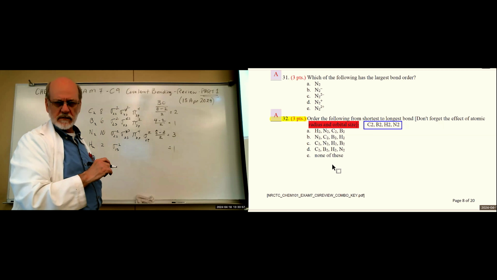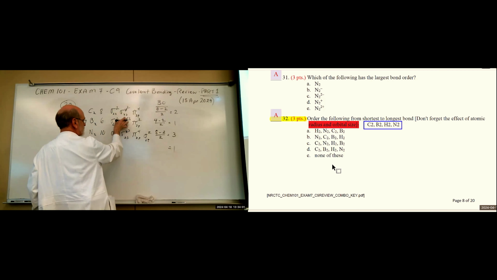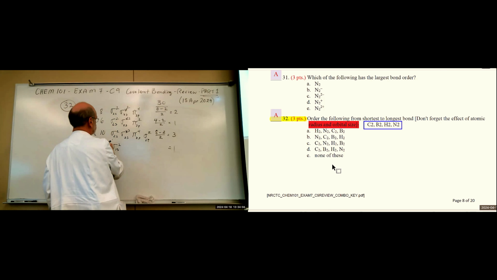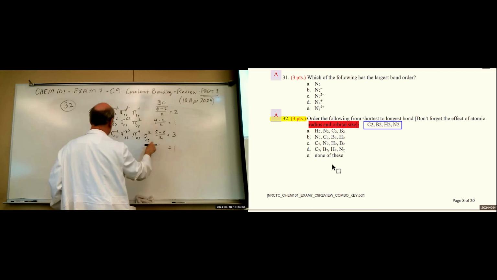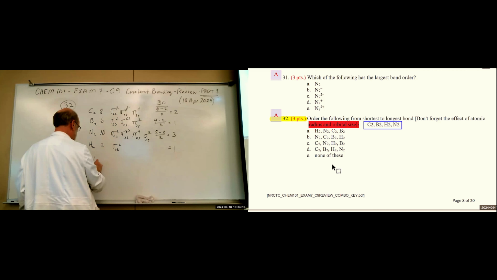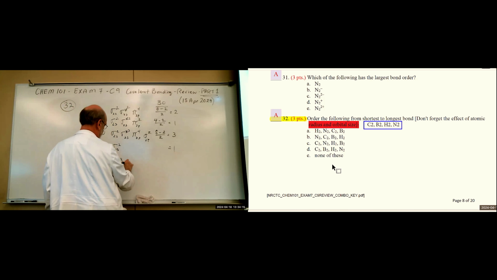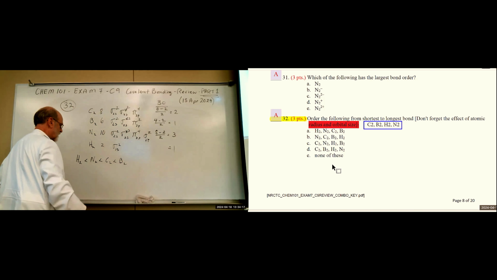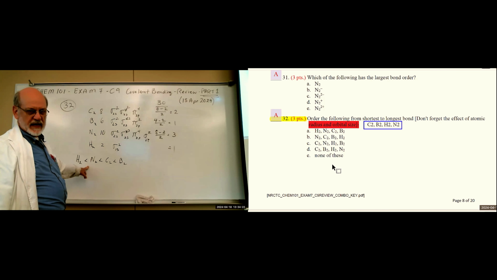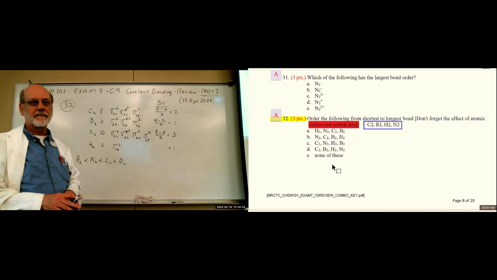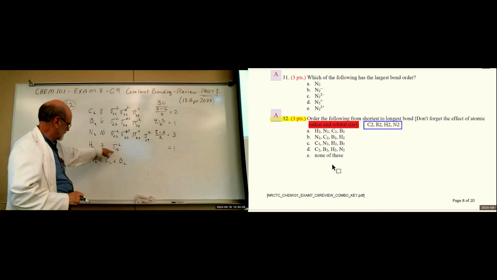And then from shortest to longest, since these are all made from the same cake mix, we can order these by the next shortest would be the strongest, N2. And then we would go to C2 and then to B2. So that would be from shortest to longest bond, which would be A. Okay? The trick in that one is to see this effect right here.